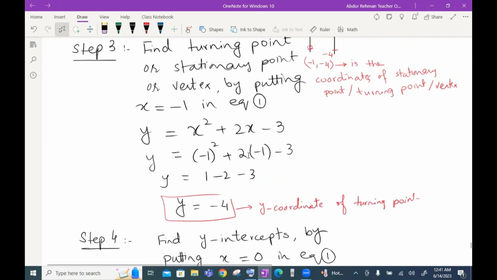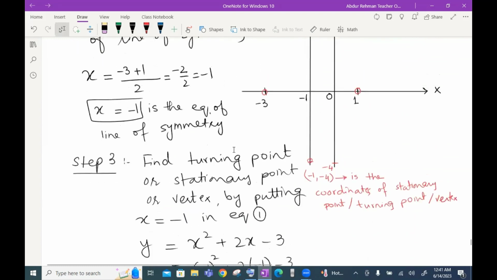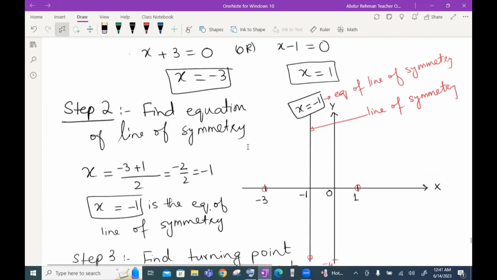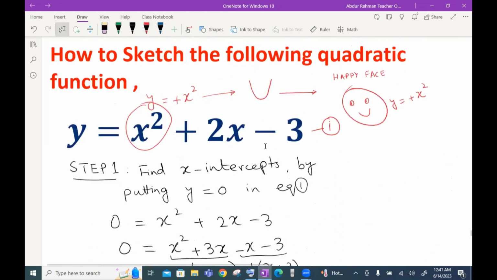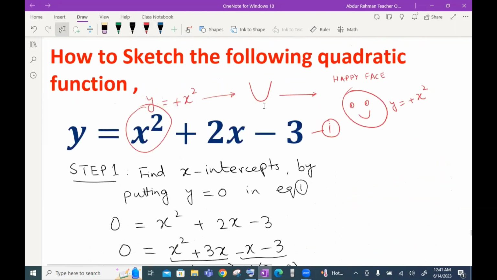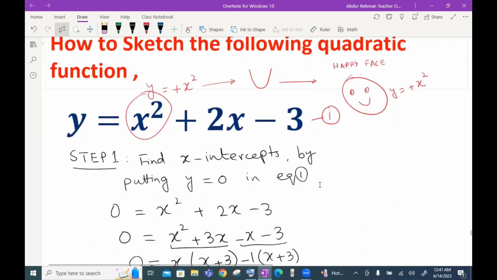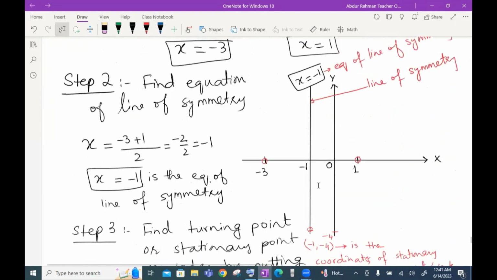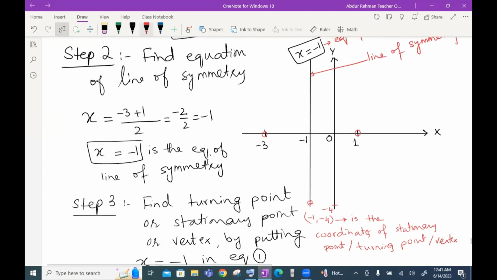Now start to sketch the graph here. We have recognized the graph will be a minimum value function. I'm going to sketch the graph and try to make it symmetrical. It is a parabola, a minimum value function, passing through the vertex minus 1, minus 4, and minus 3 is the y-intercept here.